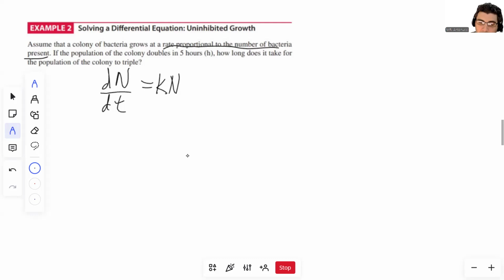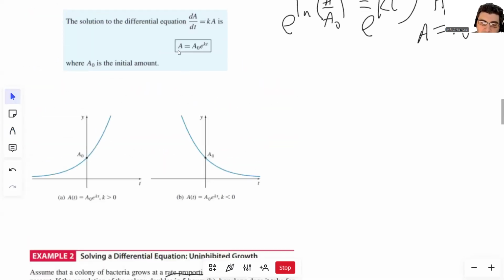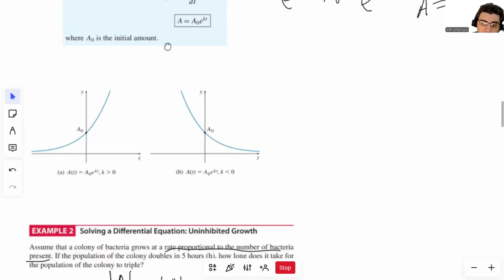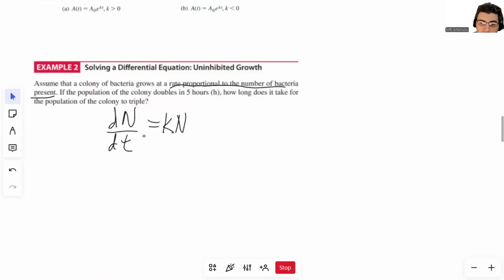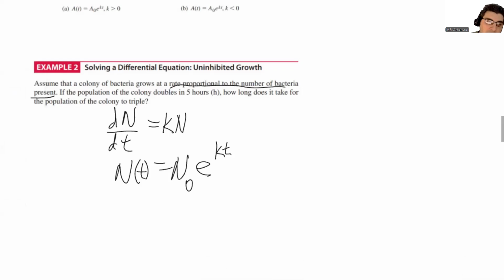All right. Now we just up here previously solved that type of differential equation. So I know that the solution is going to be N of t equals the initial amount times e to the kt. Now, this one's a little different because you don't know the initial amount that it started with.